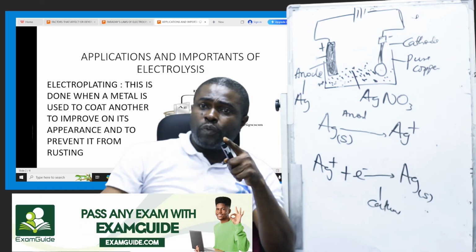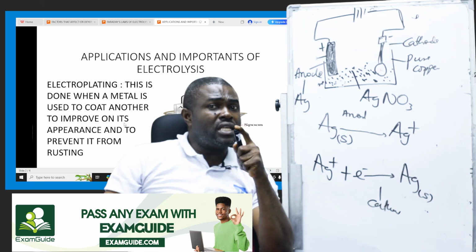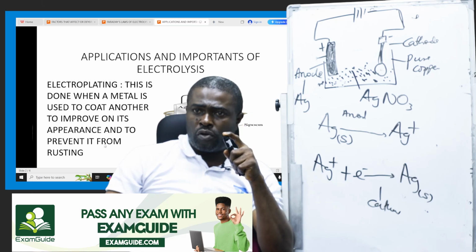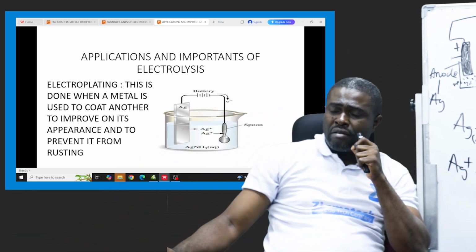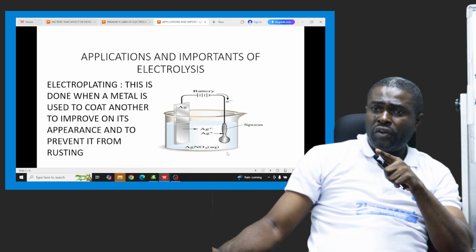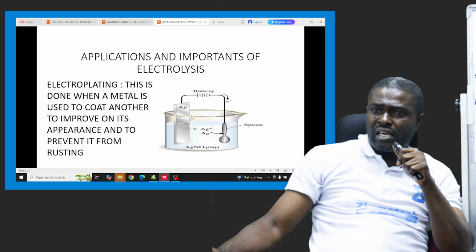Look at it. Electroplating is done when a metal is used to coat another to improve its appearance and to prevent it from rusting. Look at the spoon at the cathode side, which is negative. The spoon is placed there. Then the anode is made of silver.